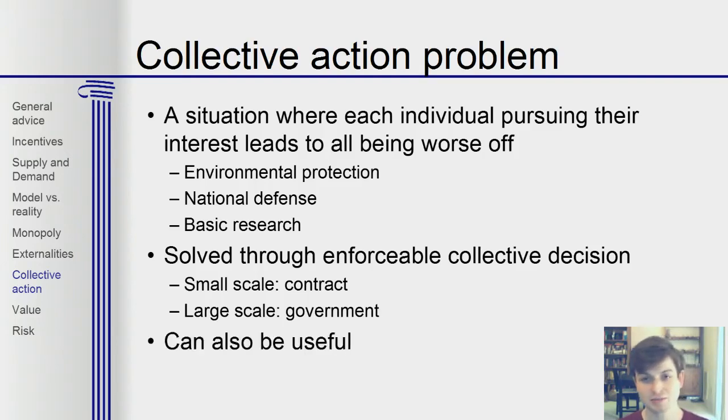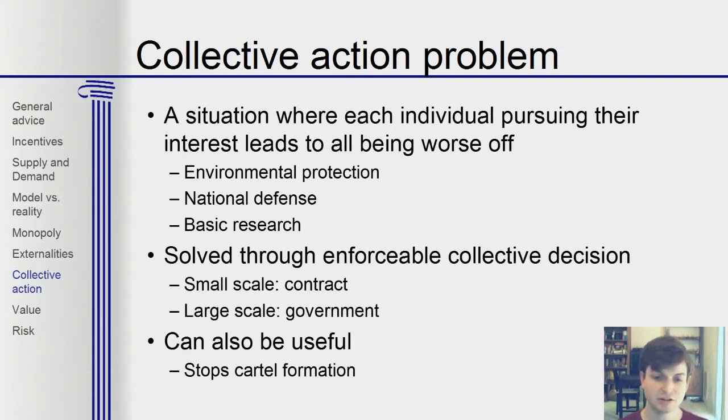Now there are times, it's worth saying, when the fact that a collective action problem exists is a good thing. It can stop cartel formation, for example. A cartel is a group of people acting together as a monopoly, and it's a collective action problem to form one. Say OPEC wants to have a cartel on oil and reduce oil production to drive up prices, because that would be better for them if they all did it.